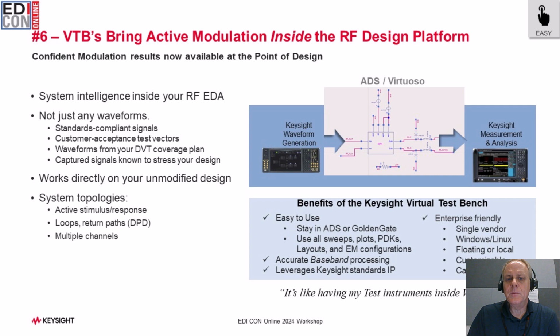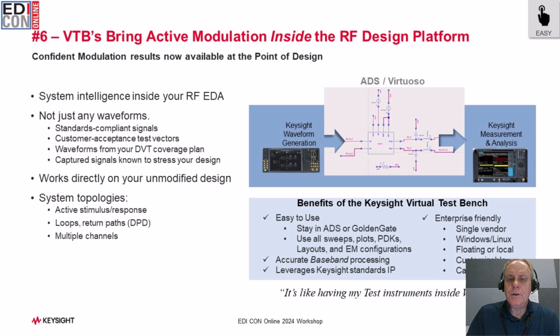When you bring the system environment into ADS or Virtuoso, you never have to leave the RF design environment. And because you're operating where this system intelligence is actively making and analyzing waveforms, you can do a closed loop.